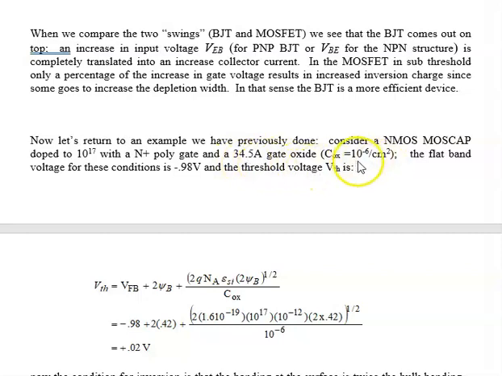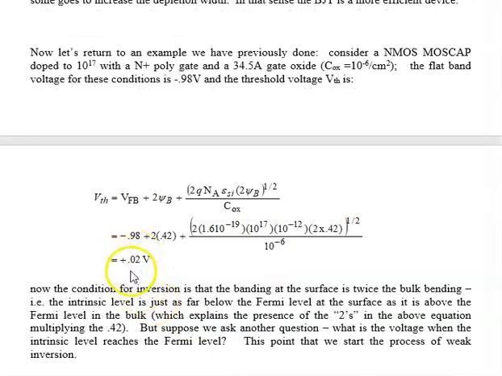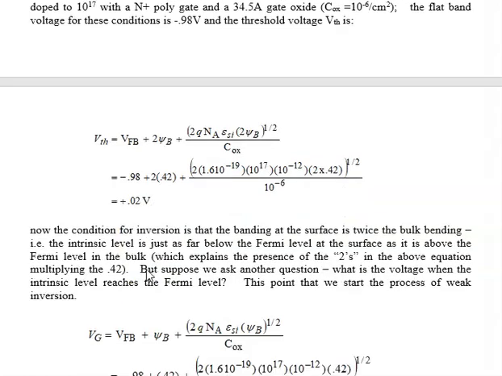But the numbers work out very nicely, 10 to the minus 6 for the areal C_ox. So the flat band potential for 10 to the 17th, if we have an N+ poly gate, is 0.56 for the N+ poly gate plus 0.42. So it's just about 1 volt of flat band voltage, minus 1 volt. And the threshold then is just over 0, very close to 0.